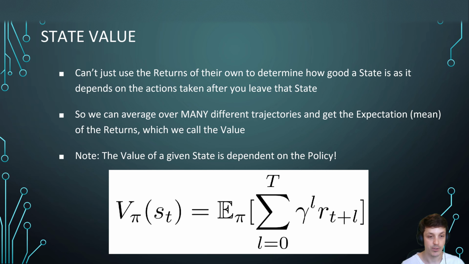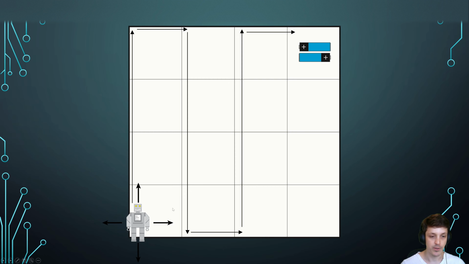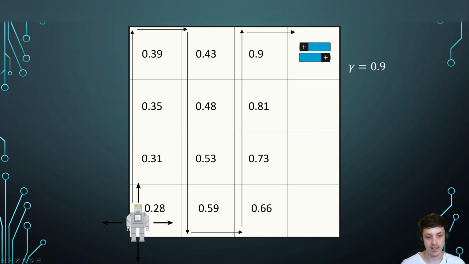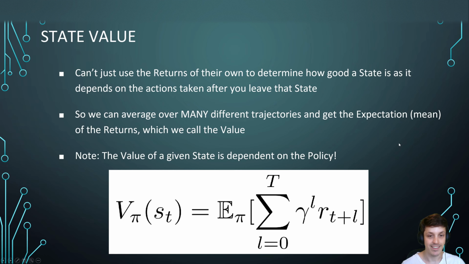Now this average return is what we call the value. This value, as we talked about at the start, is our measure of how good our state is. So we get two different returns, 0.53 here, 0.28 here, and you can average them together. You can imagine you might need to take many, many trajectories to eventually converge to a stable value.